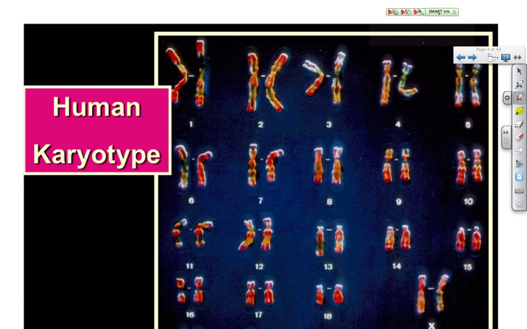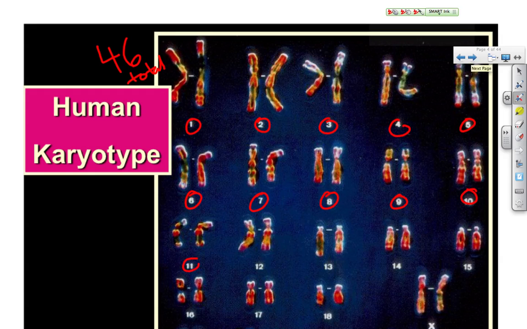First, in terms of background, we need to understand that humans have 46 total chromosomes in every cell in that nucleus. But all of the chromosomes that are normal pairs are what we call autosomes.